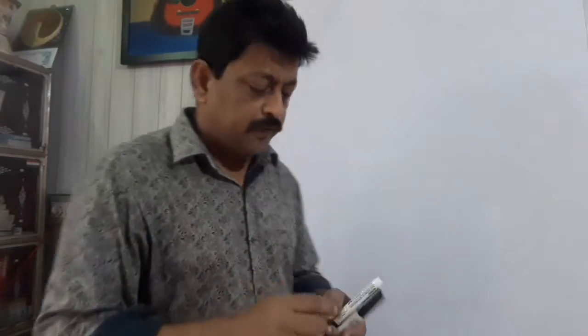So first of all, let me write down the general form of a pair of linear equations in two variables, as you all know, and it has been done earlier also.